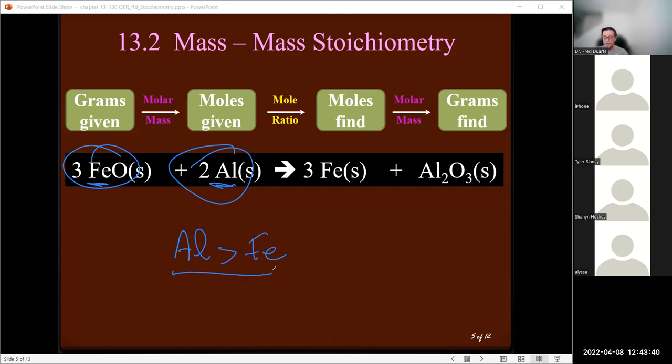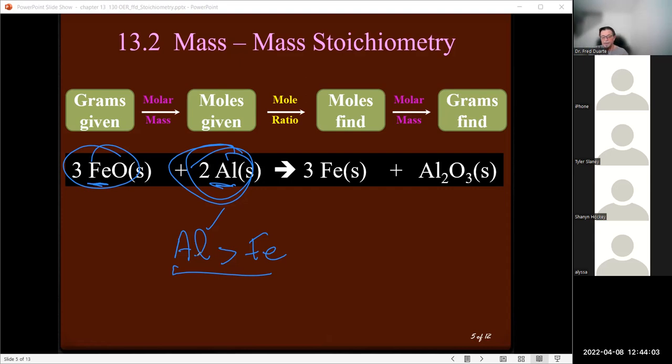That being the case, the next question you ask is, is the most reactive metal, in this case aluminum, in compound form? And the answer is no, it's in elemental form. Therefore, yes, the reaction proceeds. If the most reactive metal was already in compound form, then you get no reaction.